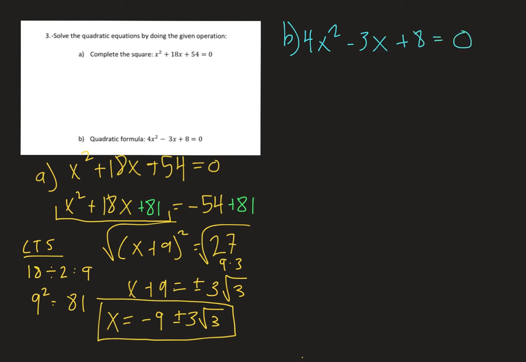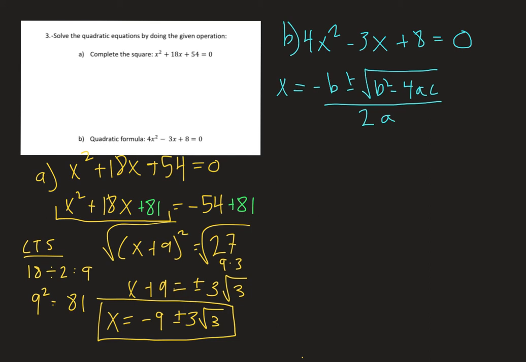And using the quadratic formula, which is the formula x equals negative b plus or minus the square root of b squared minus 4ac, all of that over 2a.